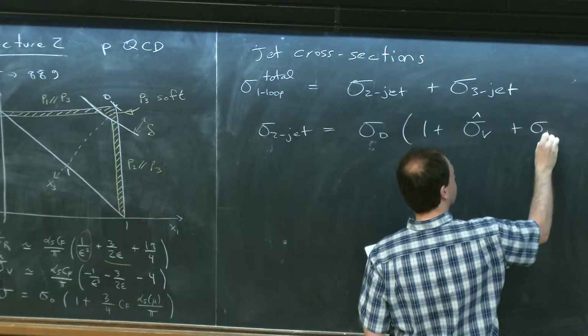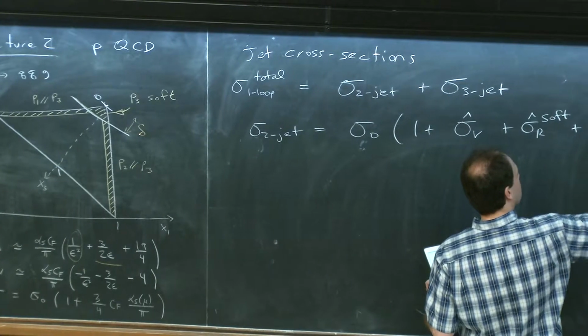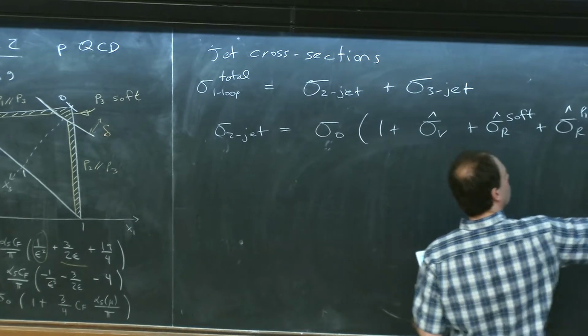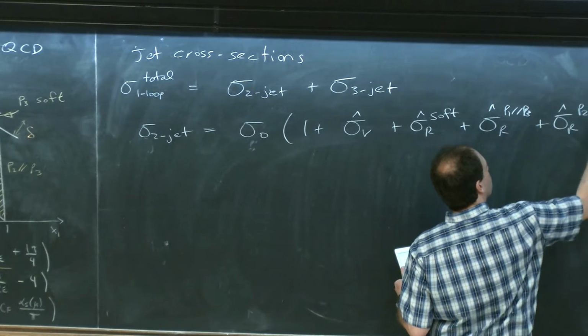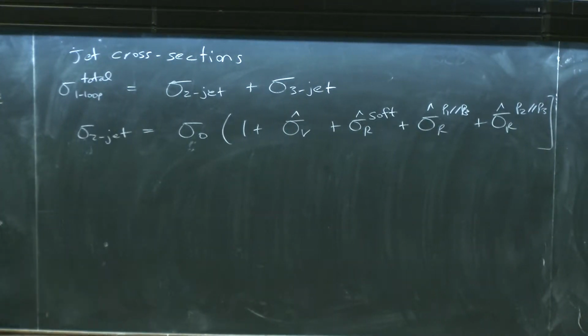And then I just have these various approximate pieces that we talked about. And I can take that to be the definition of the 2-jet cross-section.